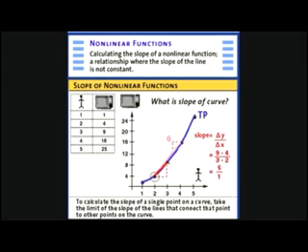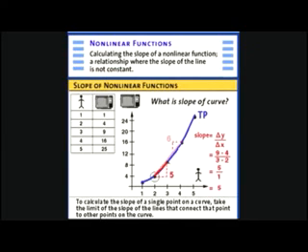Notice what's happening. As we move from this original red line that connected these 2 points to the red line that connects 2 closer points, the slope is getting flatter. It's gone from rise over run of 6 to rise over run of 5.